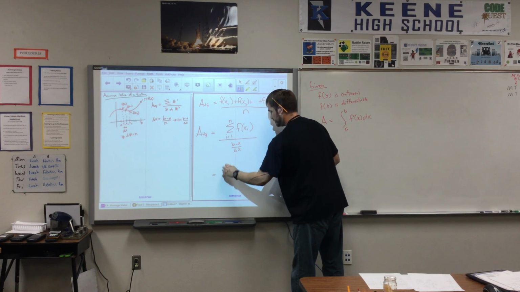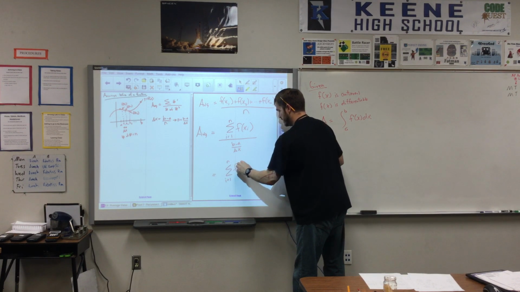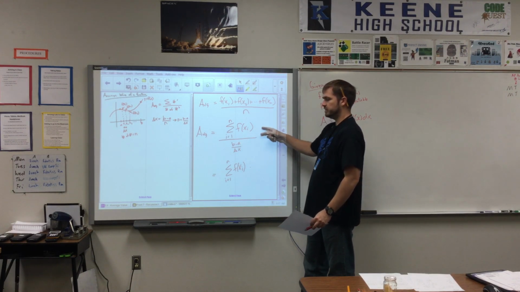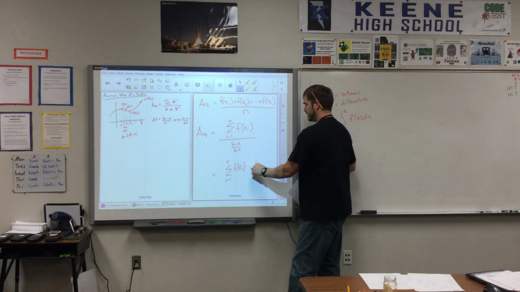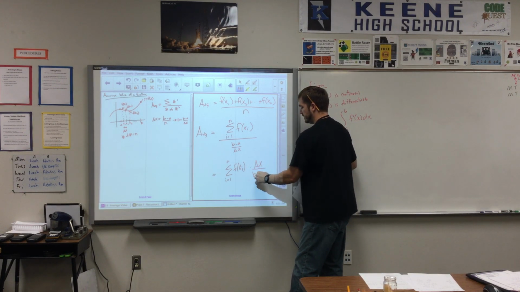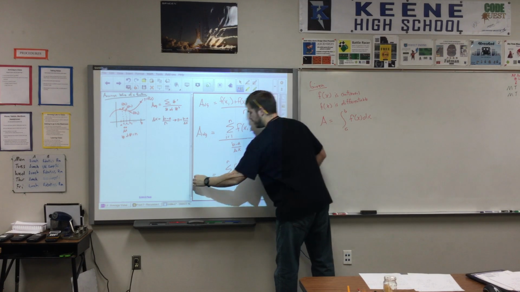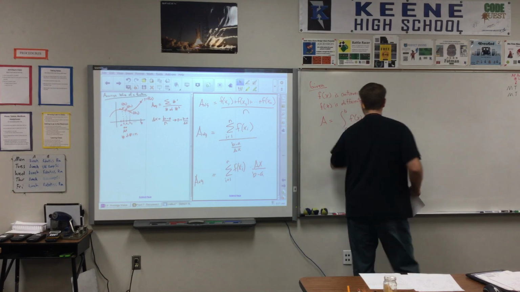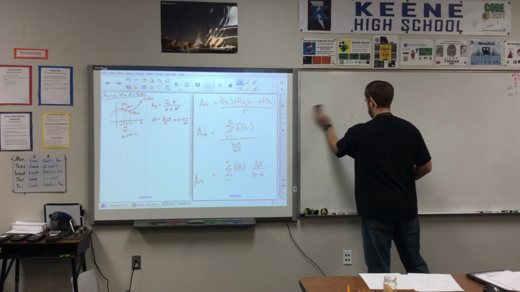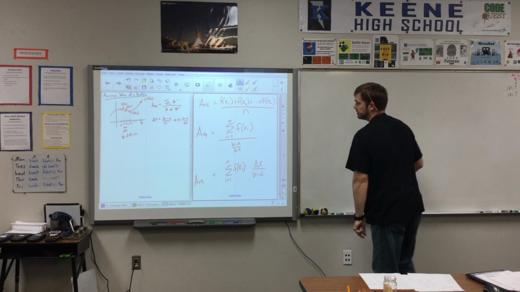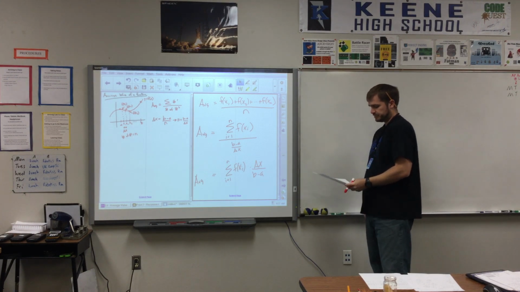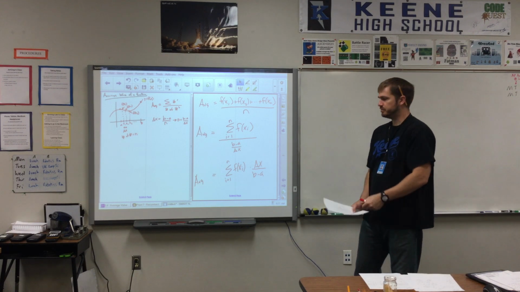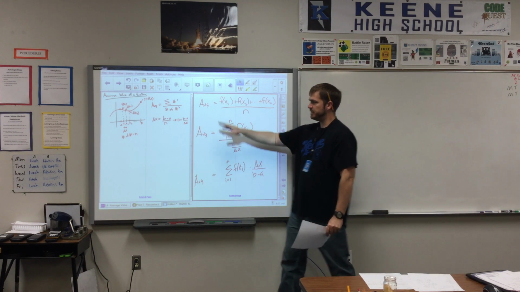Summation i equals 1 to n of f of x sub i, times, and then flip this, the reciprocal of the denominator, delta x divided by b minus a. All right, that's a pretty good formula there. That's going to be the average.